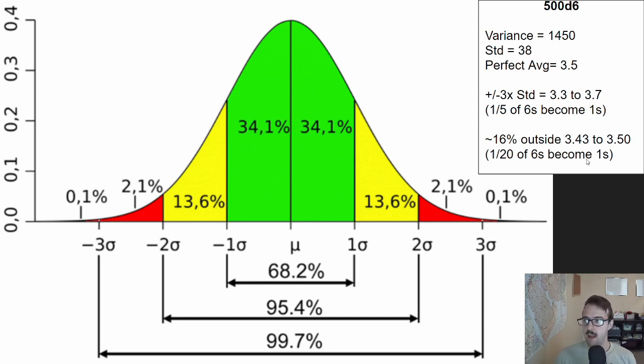And that means your average is going to be slightly below this 3.43 to 3.50 average of unluckiness that takes place in this center, left green area. And what that's going to equate to is about 1/20th of your 6s becoming 1s. That'll make up for that average. So about 5% less hits, 5% less wounds, and you take 5% more wounds from the opponent's attacks.